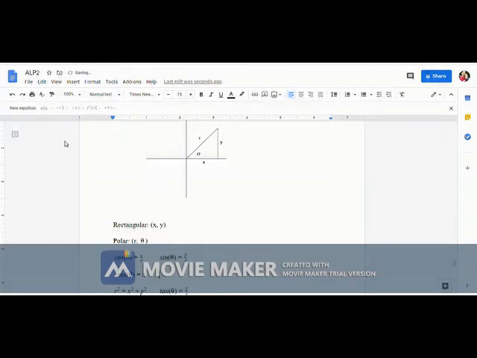And then we can do a similar thing for sine, with opposite over hypotenuse of theta, and get r sine theta equals y. And that'll help us be able to convert from rectangular coordinates to polar coordinates and such.